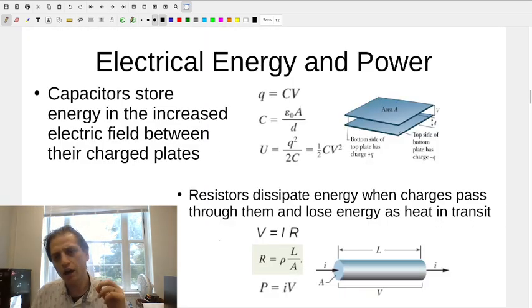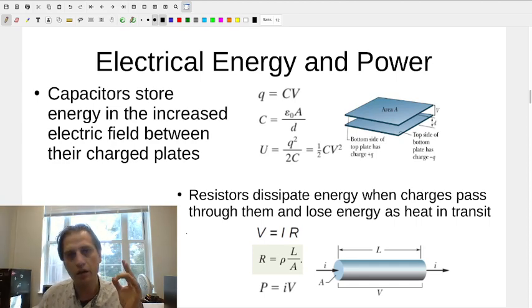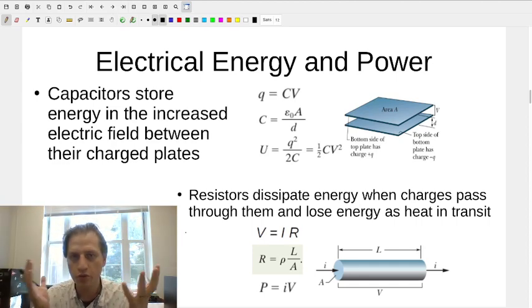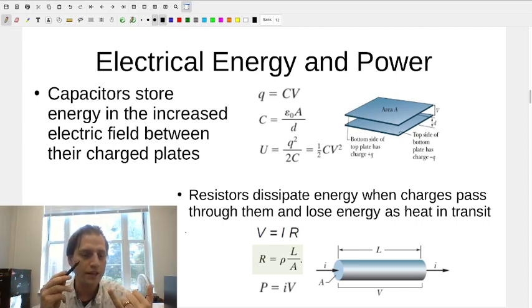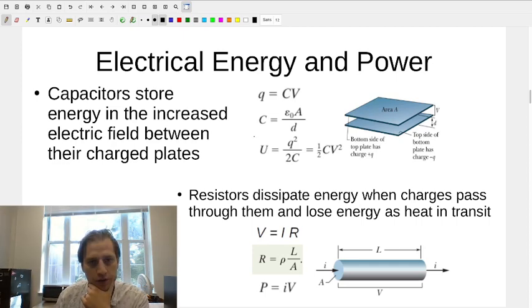Now, a good thing to compare, just since we're doing both types of components in our lessons, what is happening with energy in capacitors versus what is happening with energy in resistors? Well, you'll remember that we have this expression for the energy stored in a capacitor, 1/2 CV squared. Now, what is happening?